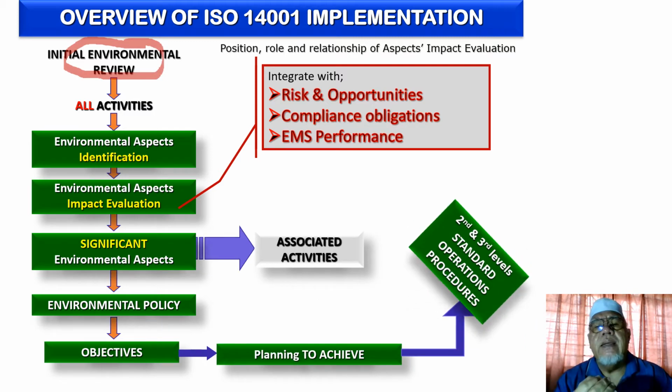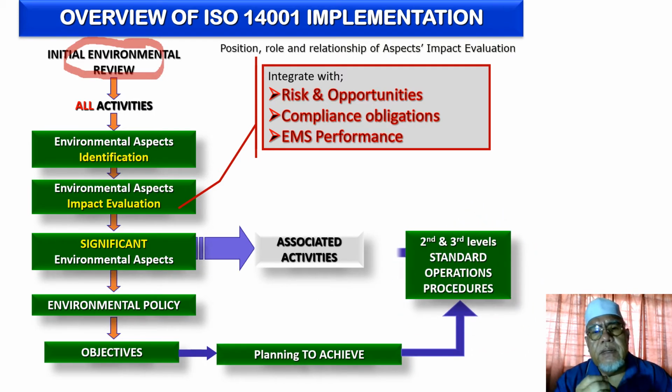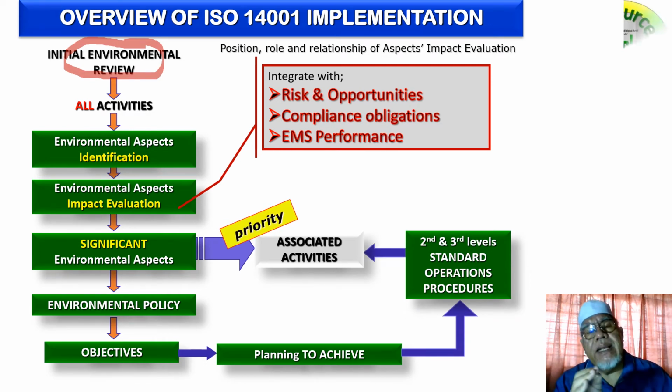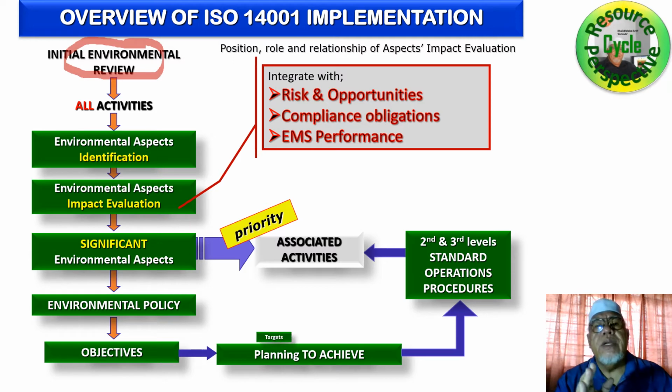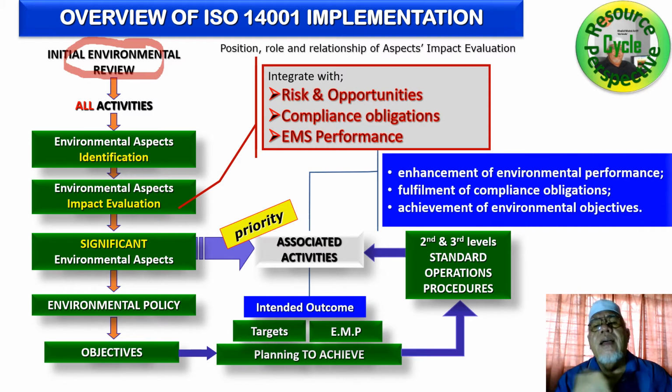It is actually an analysis of determining, identifying all the environmental aspects coming from all processes, from all departments of our organization's activities, products, and services. So we got to do some form of, as you know, the input-output analysis, the methodology of identification of environmental aspects as published in earlier videos. Please take a look.